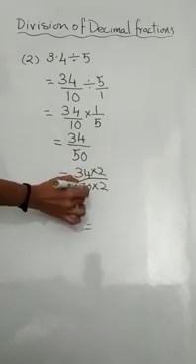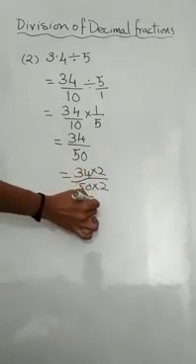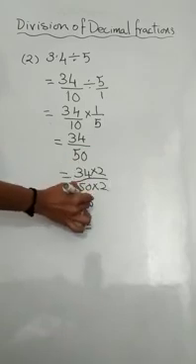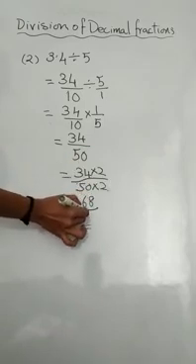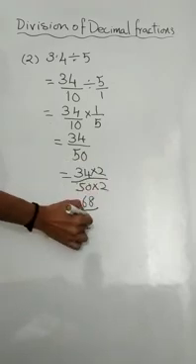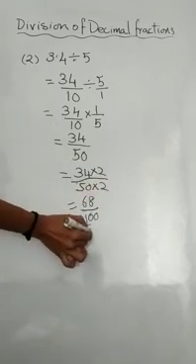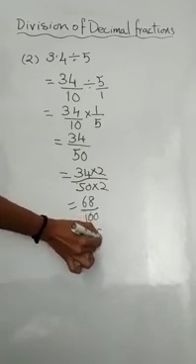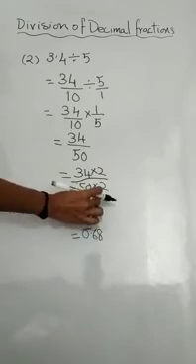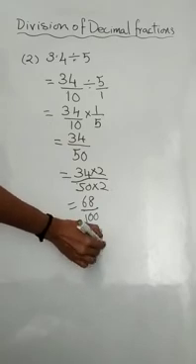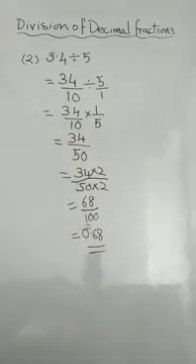So here you will get 4 2s are 8, 3 2s are 6, means you will get 68 in the numerator. Denominator will be 100, which will be equal to 0.68. Okay, 2 zeros means 2 points, 0.68. So 0.68 will be the decimal fraction.